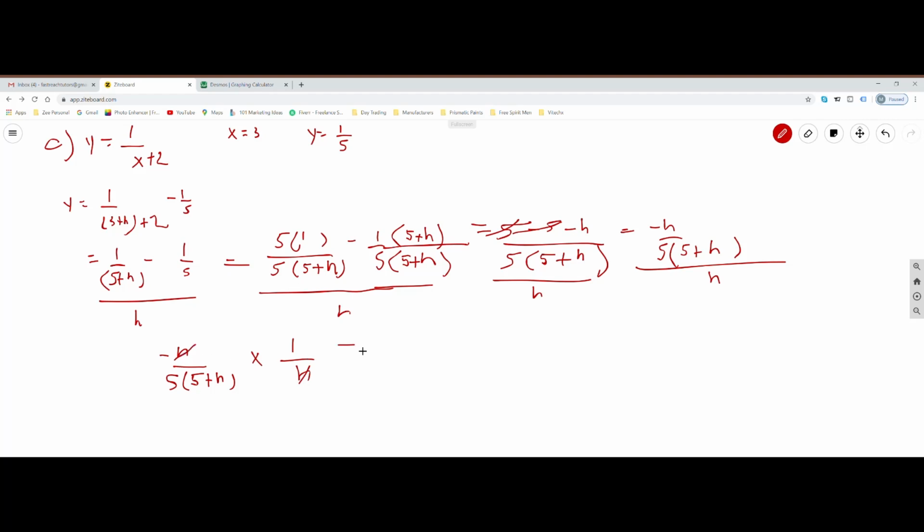These cancel. You're left with negative 1 over 5 plus h. And when you substitute h as 0, you get negative 1 over 25.